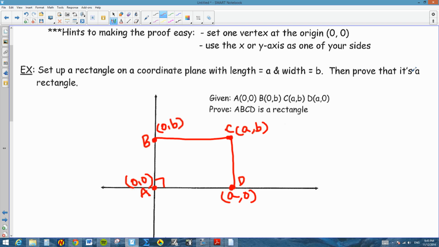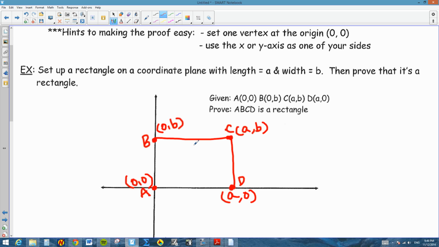But we are going to prove that this is a rectangle. We don't know this is 90 degrees yet, right? So we don't mark that. Erase it. We don't know that yet. We try to prove that.